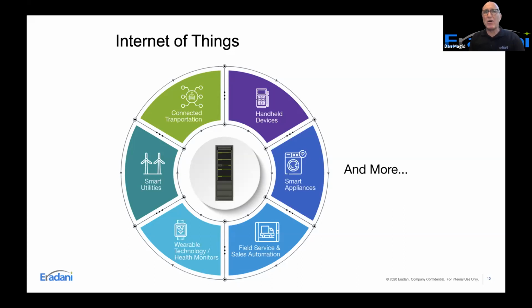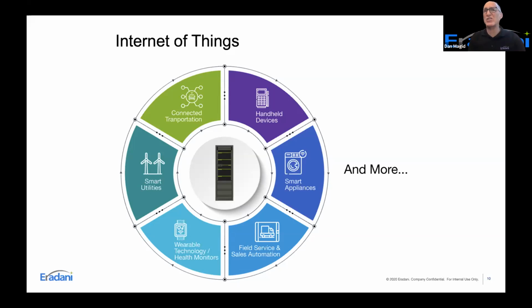Lots and lots of wearables, especially in the medical field where people are tracking their patient's health via wearable devices. Or you have smart utilities where people are tracking power usage. Here where I am in California, the power company actually is putting all kinds of Internet of Things devices on all their power lines so they can track whether the power lines are breaking so that they can avoid some of the fires that we've had out here recently that were caused by down power lines.